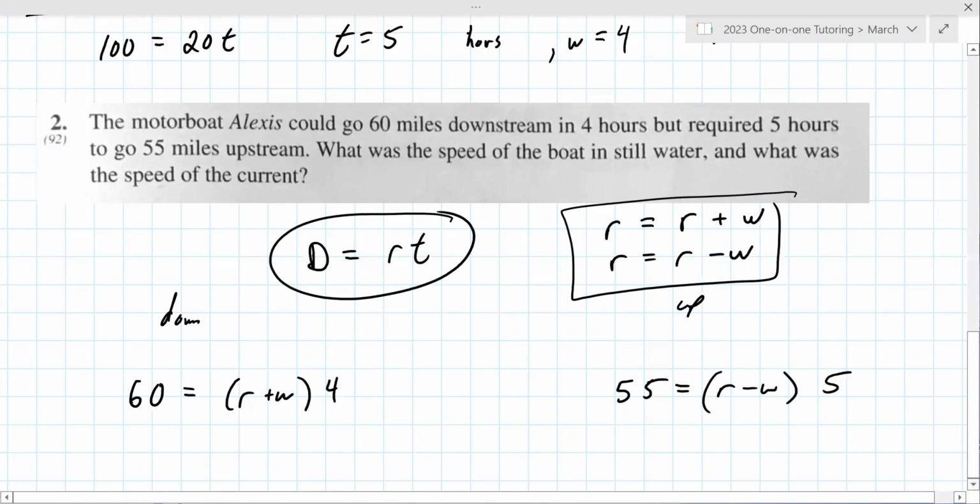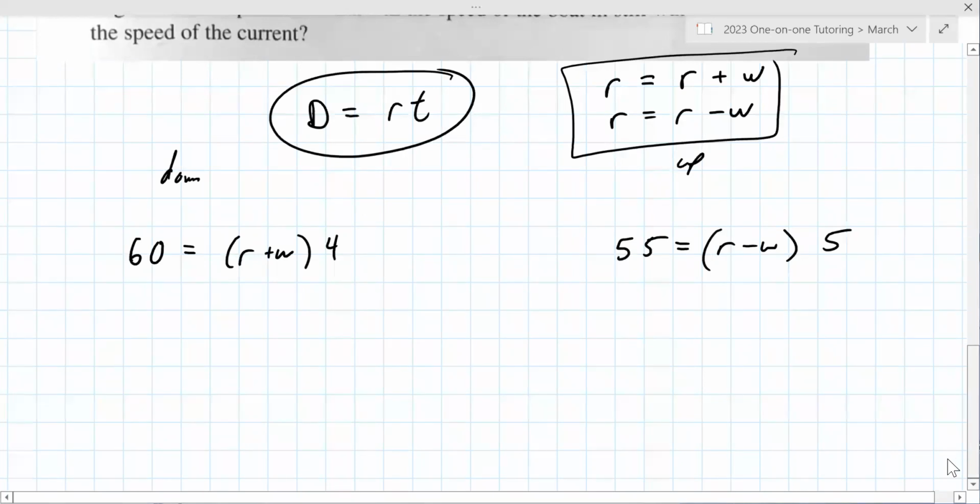Okay, now in the previous problem, we distributed the 4. But I mentioned that you kind of need to look ahead. So if you distribute the 4 and you distribute the 5, there won't be any cancellations because you'll have 4r and 4w, 5r and minus 5w. So you want to do something different here. And that's almost as much a part of this as what is the right method to solve this.